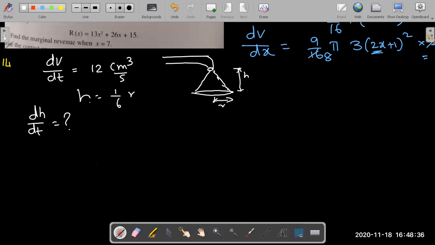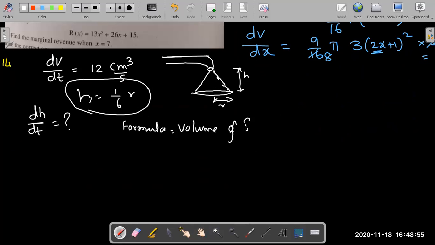So since he has given h equal to 1 by 6 r, this is the one we should be using. Of course, we need a formula for this. So first is the formula for the volume of a cone, or volume of the sand, equal to 1/3 pi r square h. Two variables are there.